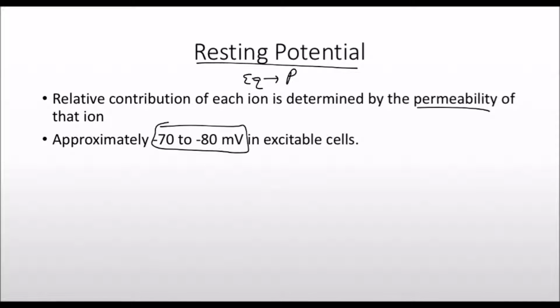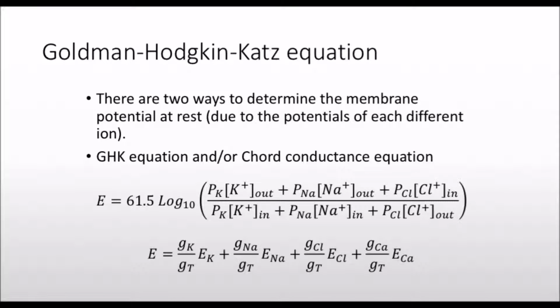Now, resting membrane potential is altered about 4 to 6 millivolts due to the electrogenicity of the sodium-potassium pump. So multiplying the equilibrium potential by the permeability and adding all of those together for each individual ion will get you to almost the resting potential. You have to also account for 4 to 6 millivolts from the pump.